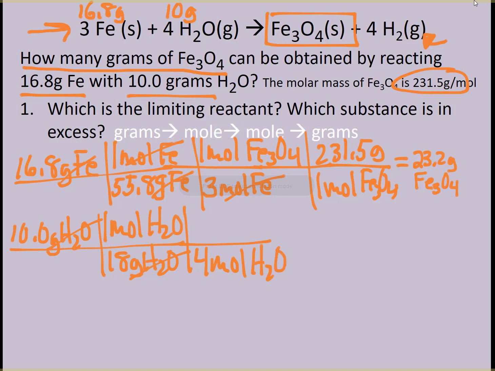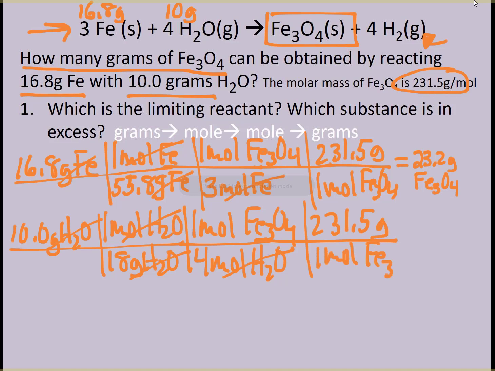And up above, I have my 1 mole Fe3O4. Moles cancels, and also the water cancels. And then just as before, there's 231.5 grams in 1 mole of the iron oxide. Doing my math, 10 times 1 divided by 18 times 1 divided by 4 times 231.5, I get 32.15 grams of that iron oxide.